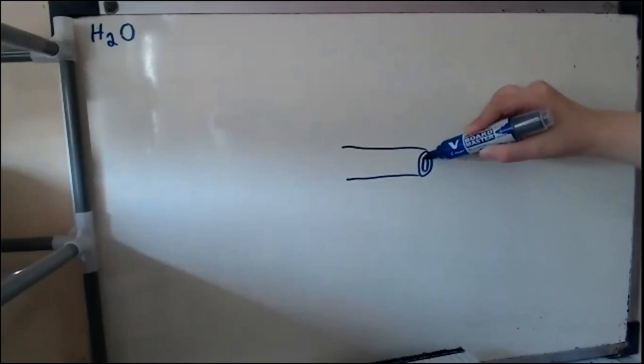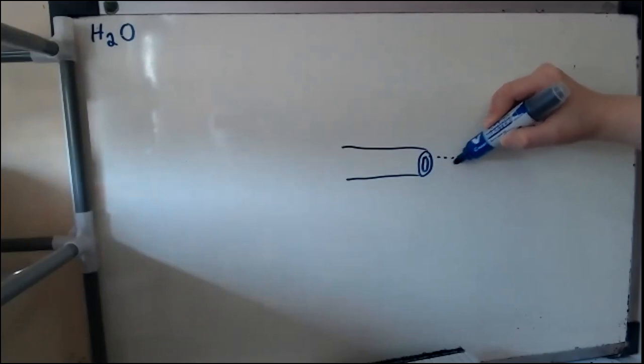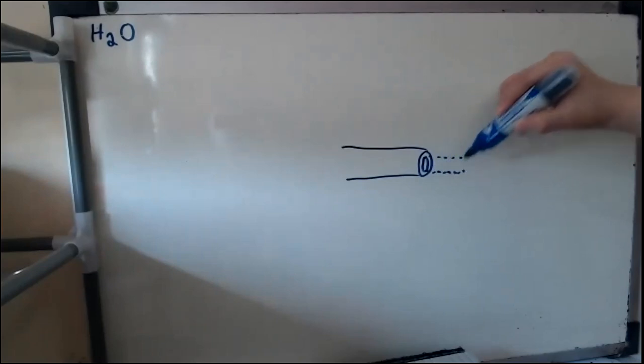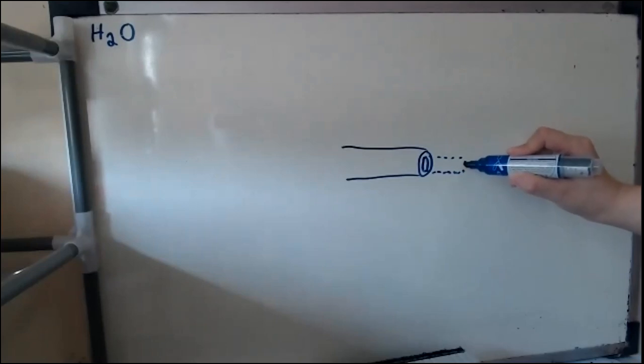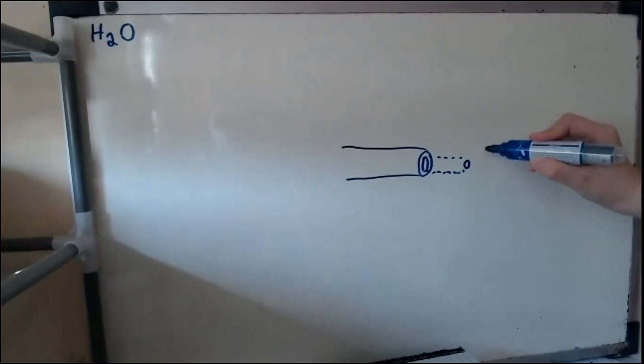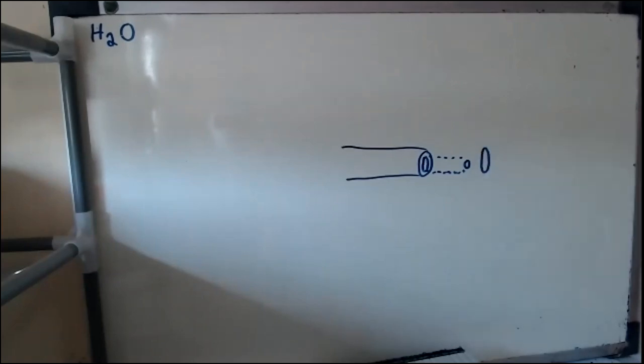The lumen size normally is like this, right? The lumen size is quite big. If it were to constrict, the lumen size becomes smaller. If it were to dilate, it becomes bigger.